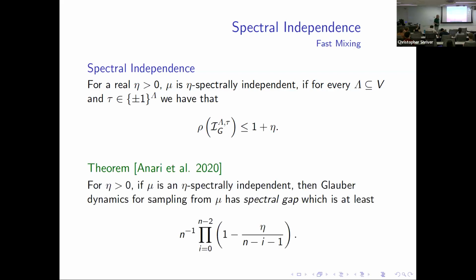Then there is this celebrated result by Anari and others that says that if you have some fixed number eta, and your Gibbs distribution mu is eta-spectrally independent, then the Glauber dynamics has a spectral gap given by this quantity here, which implies that your mixing time is some big polynomial in n, something like n to the 1 over eta.